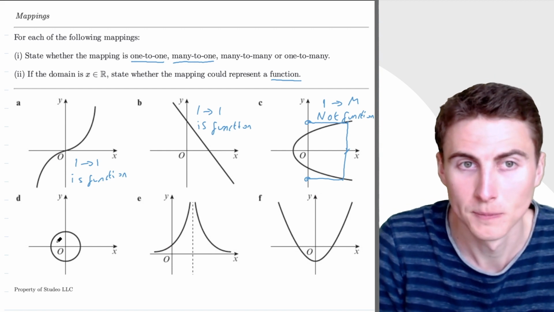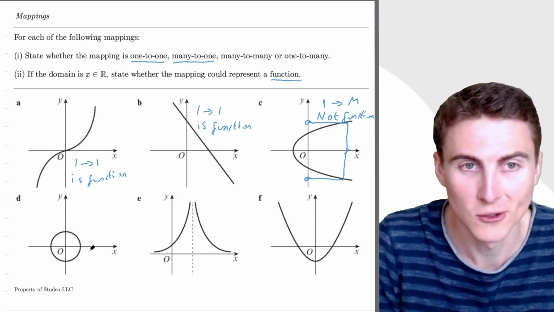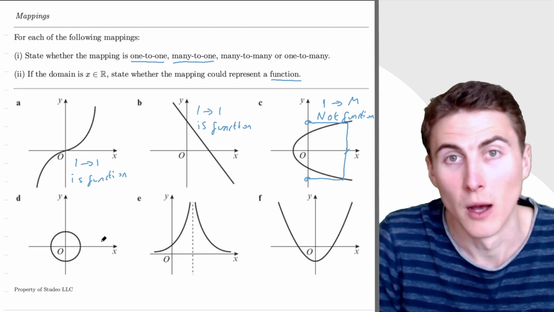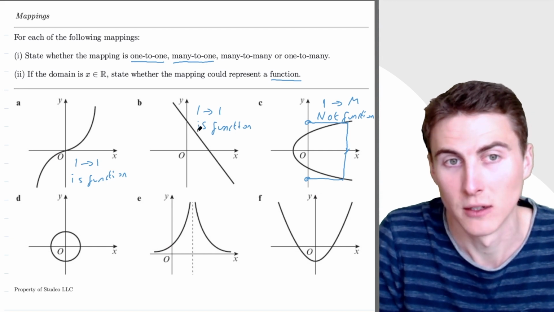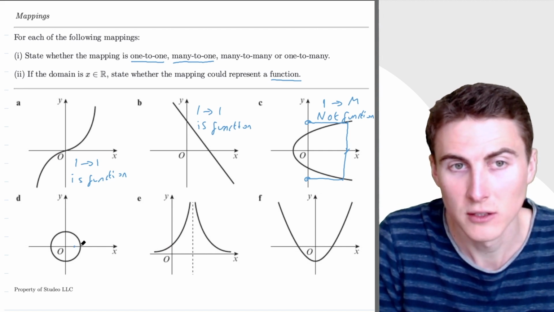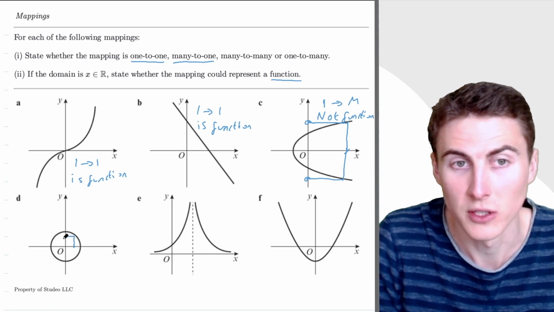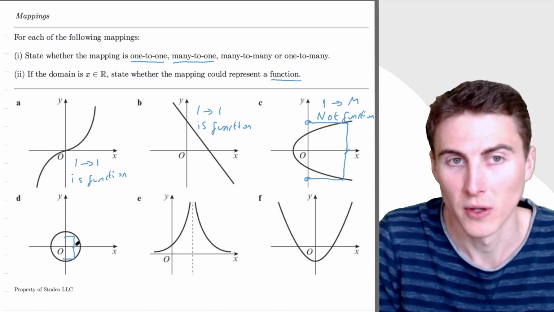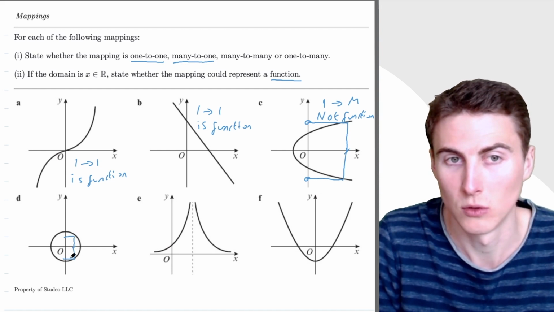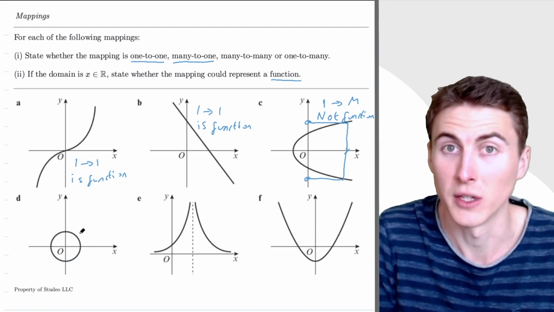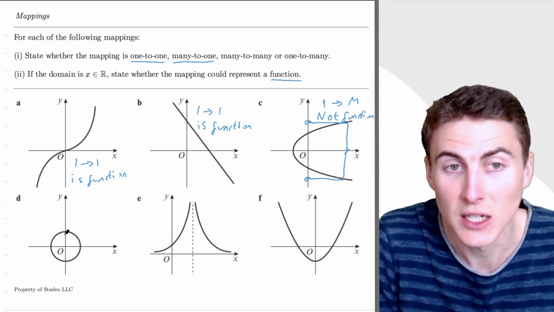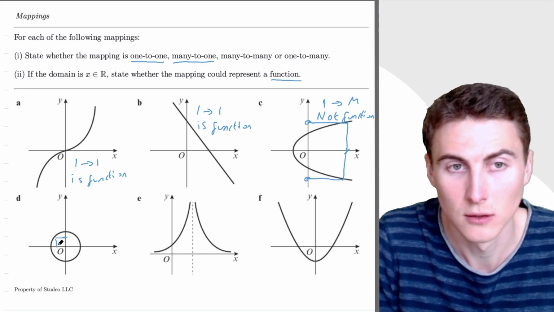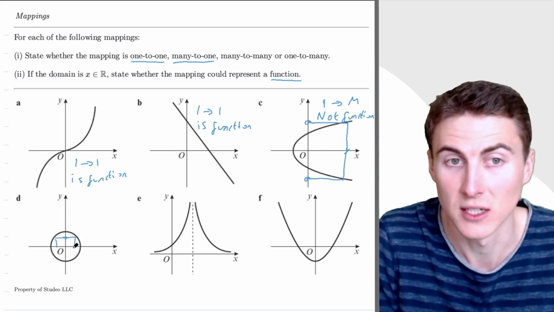Then looking at this one down here. This is a circle. Hopefully you can see that's a circle. And you just want to remember outright, circles are actually not functions, weirdly. That's because they are many-to-many. For example, if I pick an x value like this, I could go up here and correspond to this y value, or I could go here and correspond to this y value. So this one x value can correspond to multiple y values. So maybe you think it's one-to-many. But actually, to get a particular y value, like this y value, I could have got here from this x here, or from this x here.